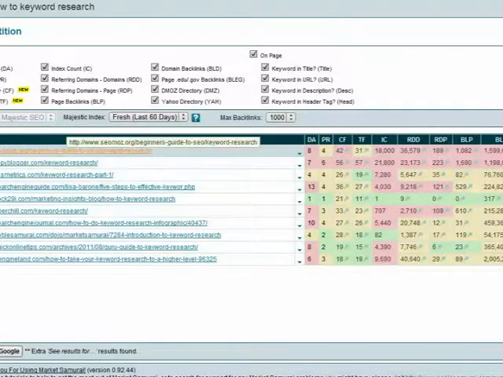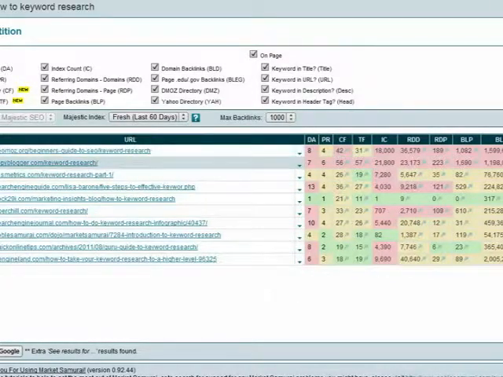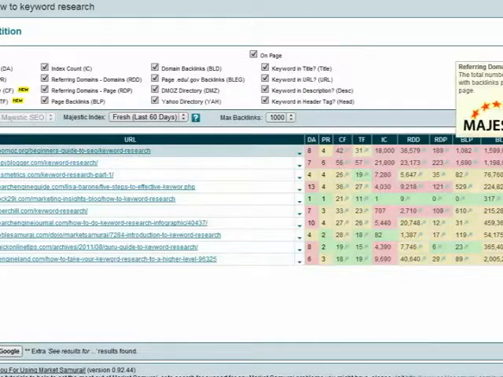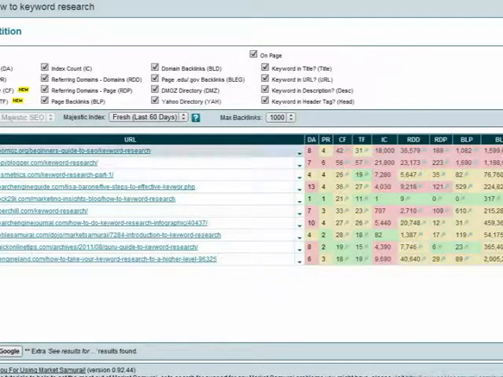You get the top 10 Google sites. Number 1 position, number 2, number 3 are going to show up here. The two things that I like to look at are the page rank, the authority of the page, and the backlinks.